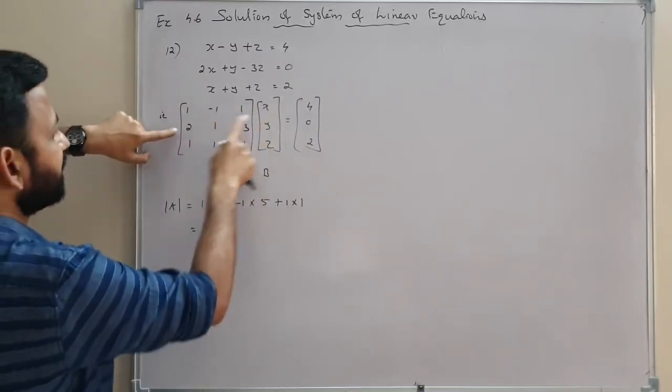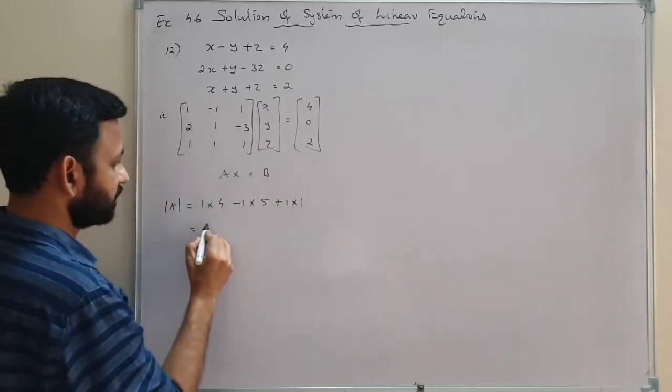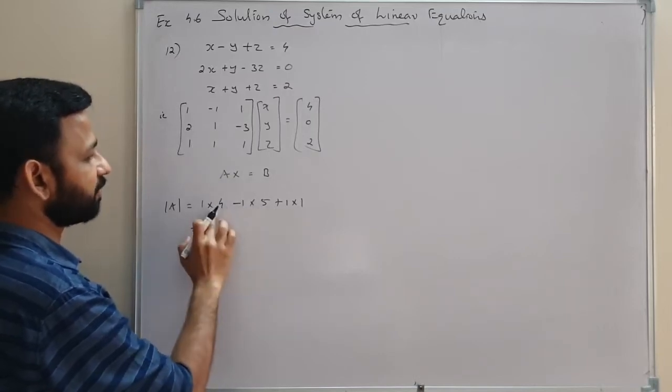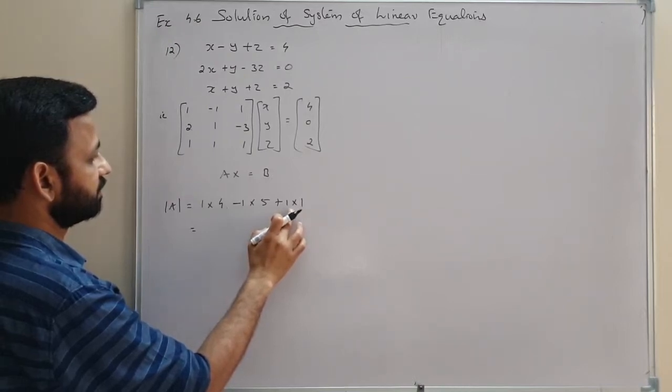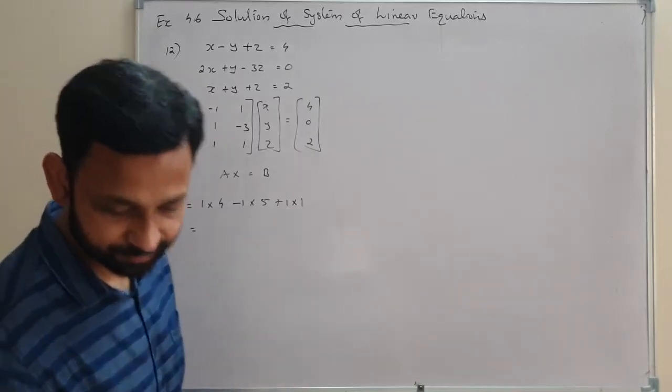Then 1 into 2 minus 1, that is 1. So 1 into 4, 4 minus 5 plus 4 plus 1. Four plus 1 is 5, 5 minus 5 is 0.